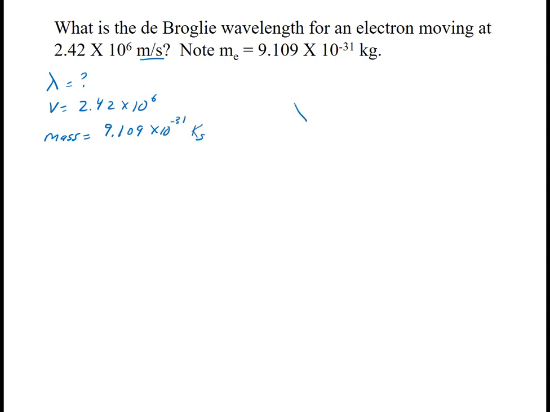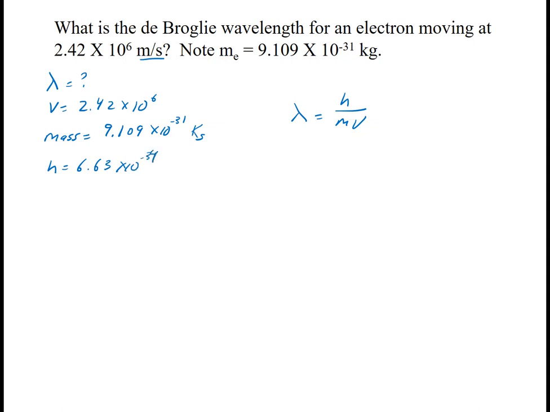So the formula is wavelength is h over mv. Again, h being Planck's constant is 6.63 times 10 to the negative 34th.